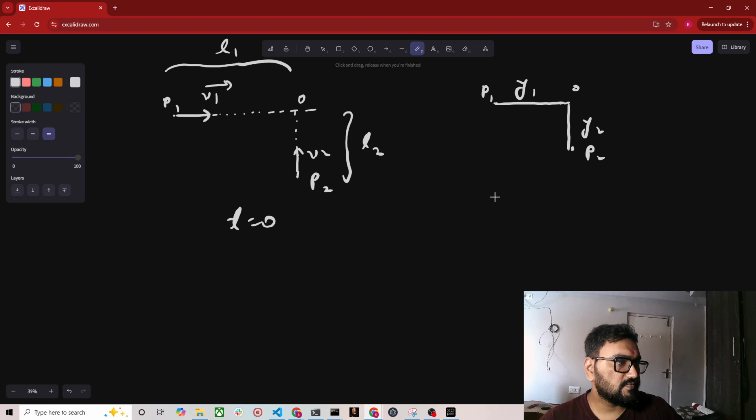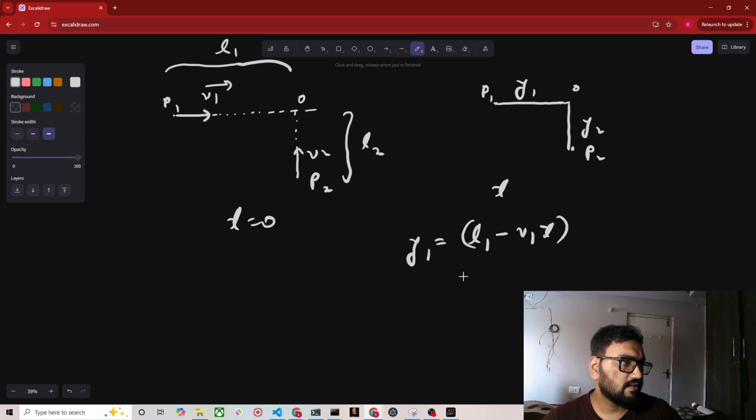So this is at time equal to t. Okay, so we can write down y1 as L1 minus v1 into t, right, and y2 can be written as L2 minus v2 into t.